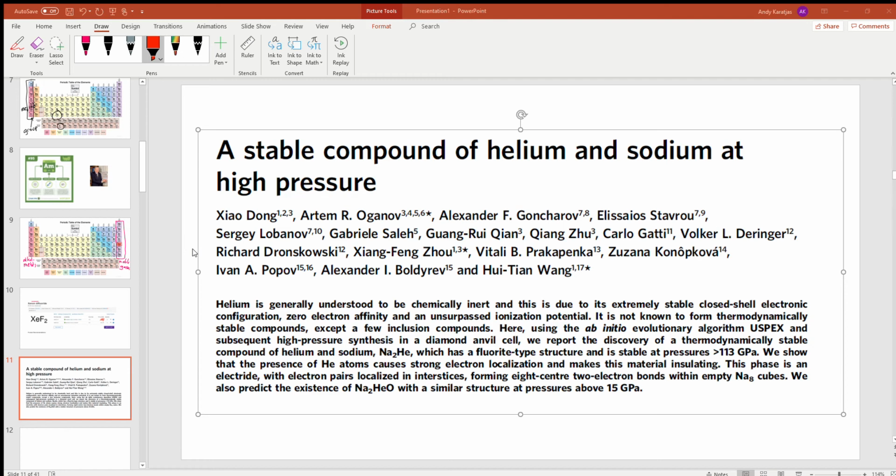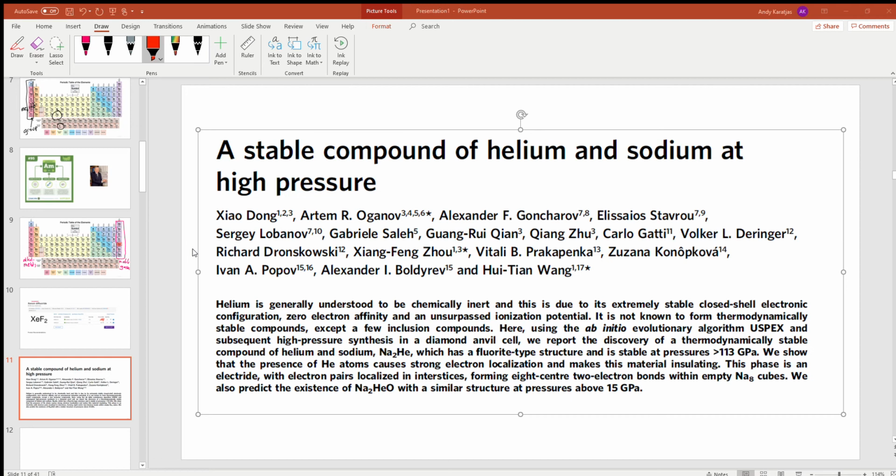So they got 2 sodium atoms to bond to a helium atom. And it's stable at 113 gigapascals. Just to give you an idea of what that means, standard atmospheric pressure is just over 100 kilopascals. So we're talking about on the order of 1,000,000 times more pressure. But it was still able to prove that it can form.